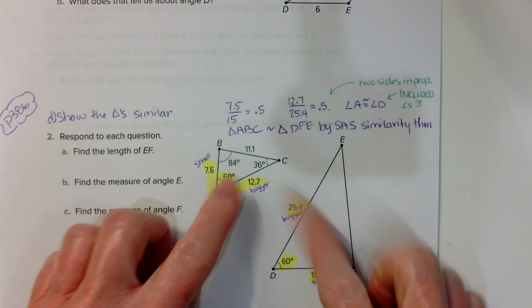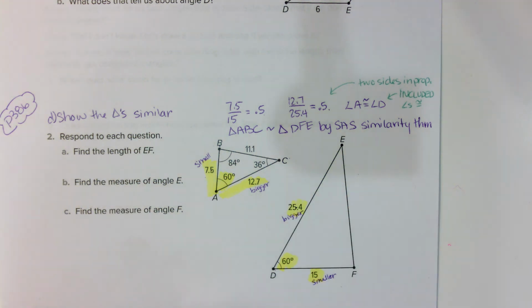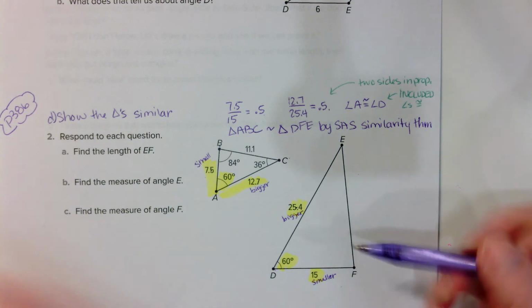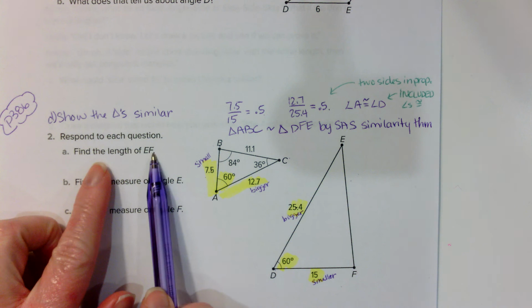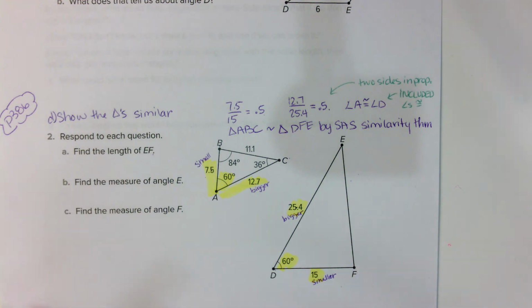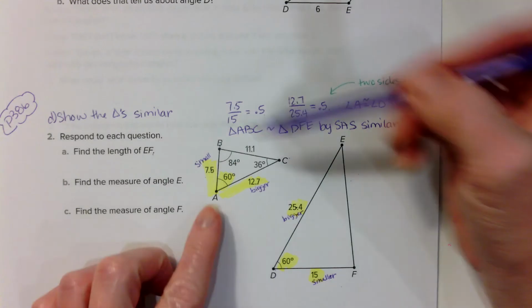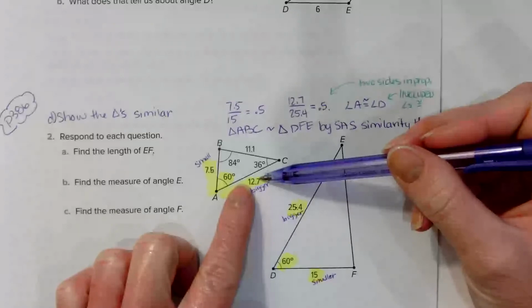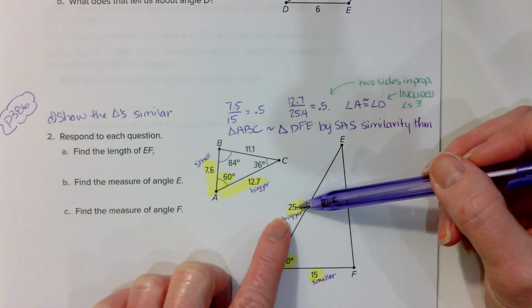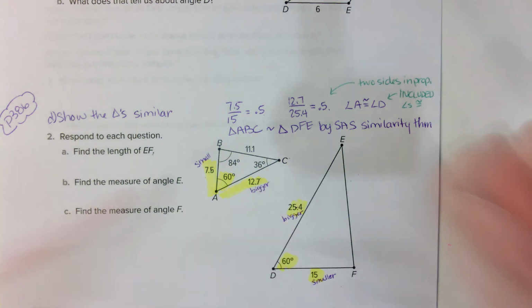Now that I know these 2 triangles are similar, it's easy to answer these questions. If I want to find side EF, I need to write a proportion that allows me to solve for EF. There are 2 of them, and they both work. It doesn't matter which one I use. I could use the 7.5 over 15, or the 12.7 over the 25.4, or I could flip them and put the bigger number on top.